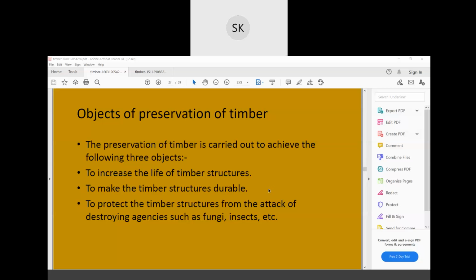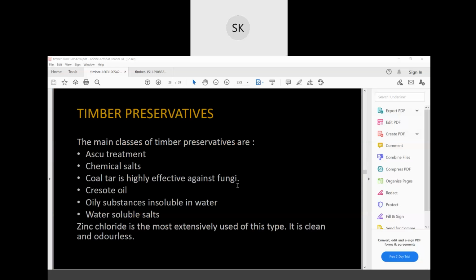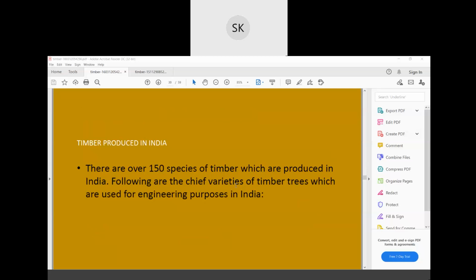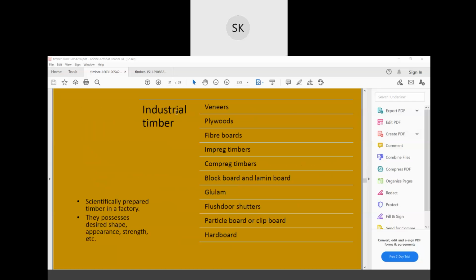Objectives of preservation of timber. So these are the objectives: to increase the life of a timber, to make the timber structure durable. These are some timber preservatives. These are some industrial timber: veneers, plywood, fibreboards, impreg timbers, compressed timbers, blockboard, and laminboard.